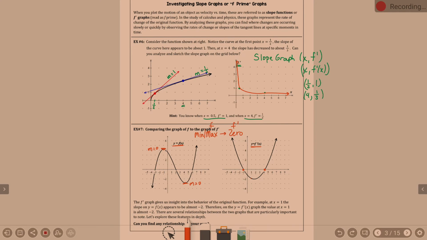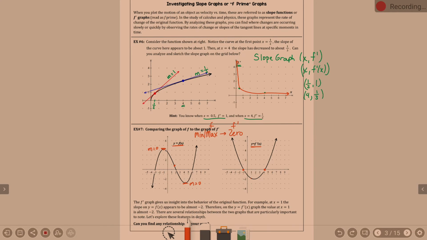Let's see. Where is it about? Somewhere right in there, right before x equals 2, I'm guesstimating, there's an important feature on the regular graph. What kind of feature is that? Do you know? The point of inflection. Inflection point? What's happening there?